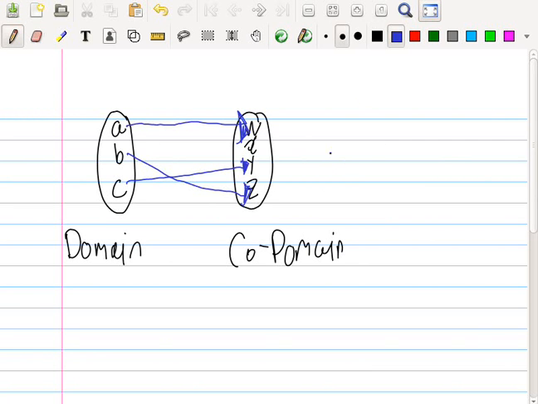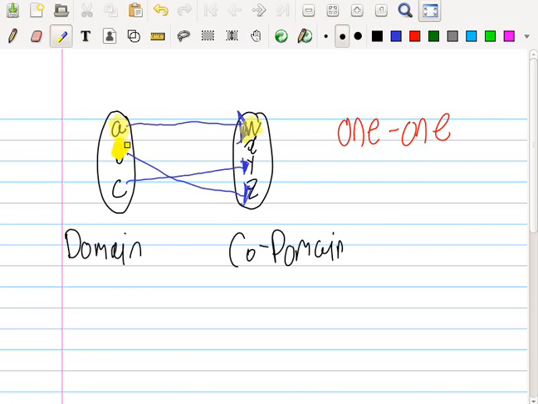This type of mapping is called a 1-1 mapping. And the reason it's called a 1-1 mapping is for every one element you have here, you get one unique element in the other set.